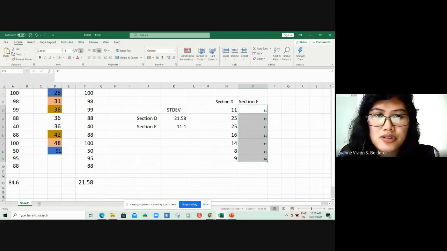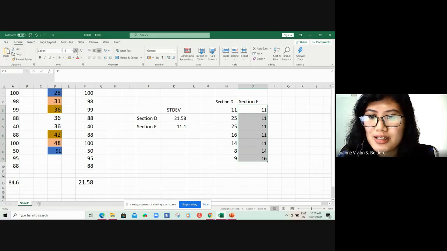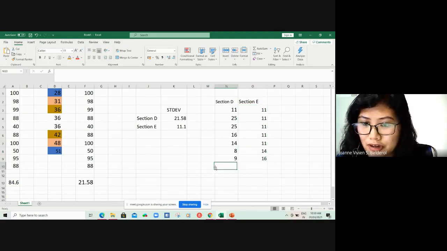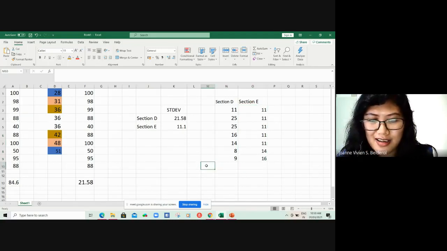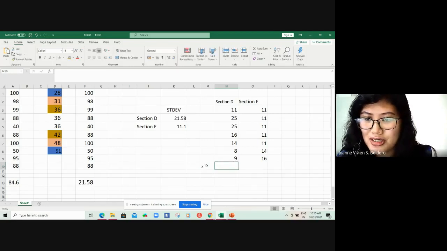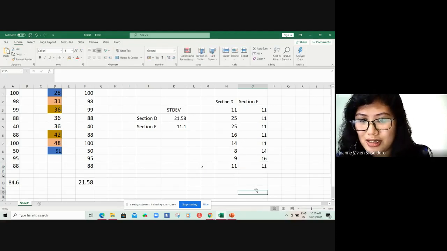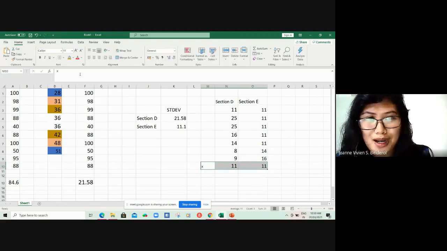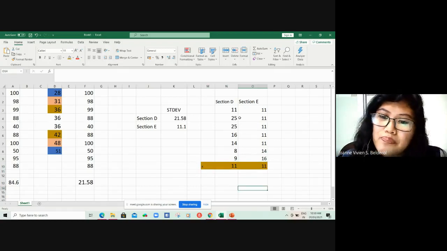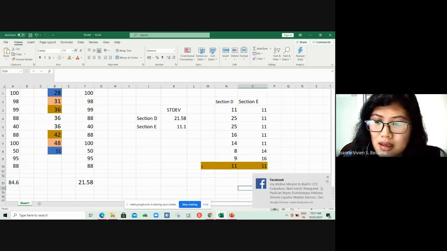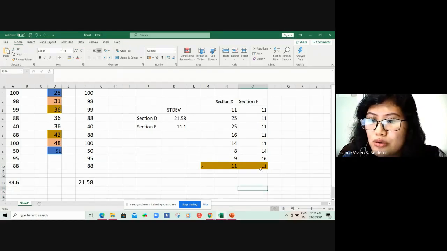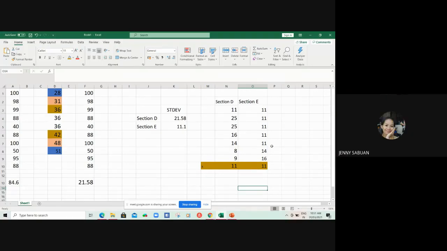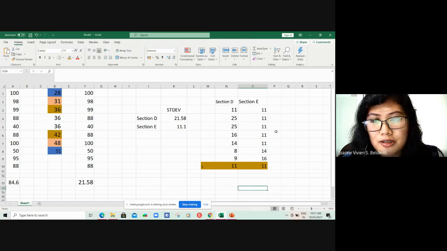So let's say these are the scores of section D and section E. Let's say, for argument's sake, that the mean of section D is 11 and the mean of section E is 11. Just an example, because of course the means are not the same. So let's say they have the same mean. But because they have the same mean, how would you know which section fared better?